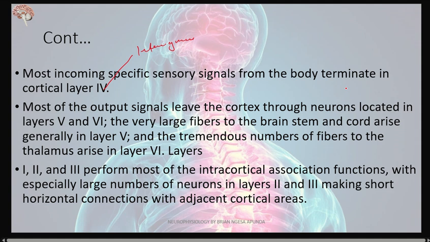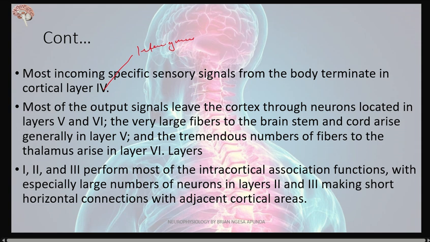So we expect this to be majorly in the sensory areas, mostly the internal. They are able to receive the signals, and after receiving the signal, they are able to send it to various areas of the brain. So most of the output signals leave the cerebral cortex through the neurons located in layers 5 and 6.